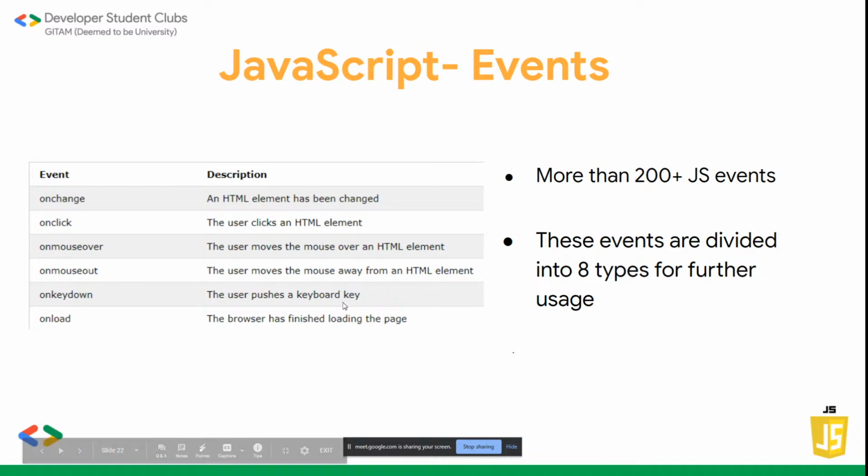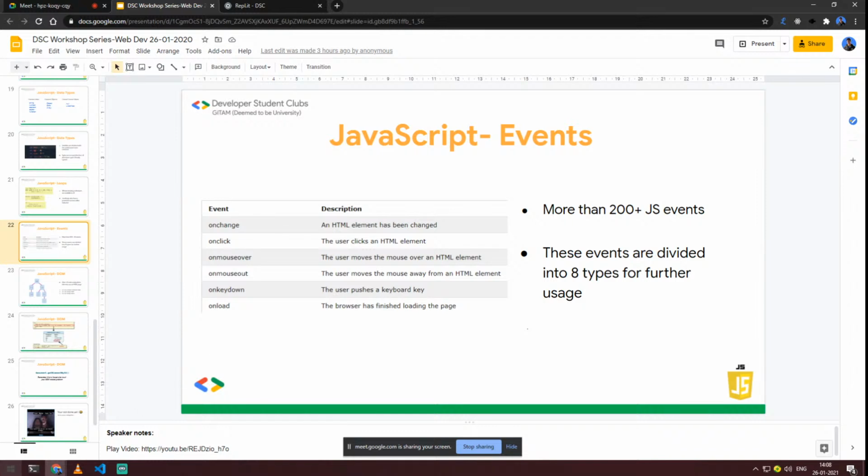Events are something that happen when a user clicks on something in an HTML page, and if that event is registered with JavaScript, it responds. I'll show you an image of how events work.